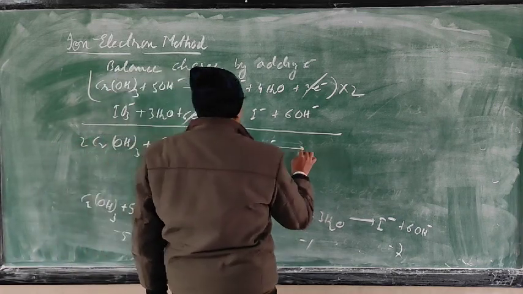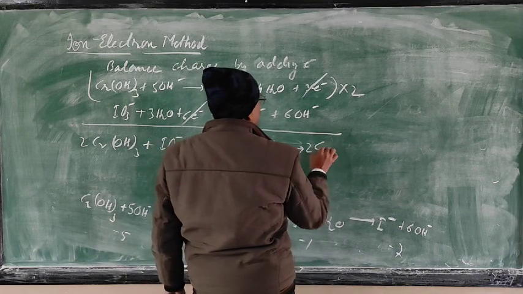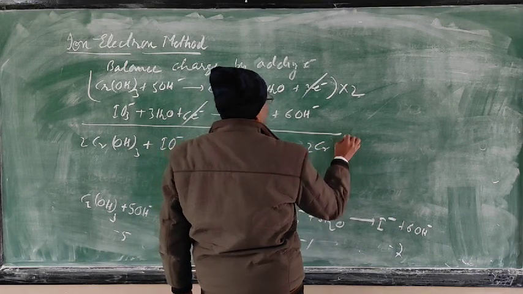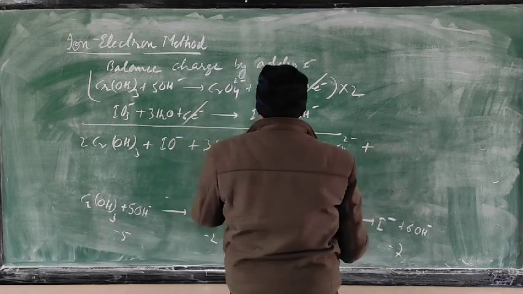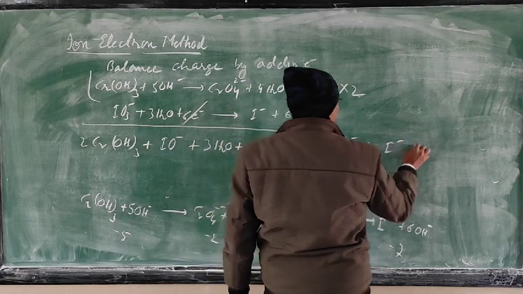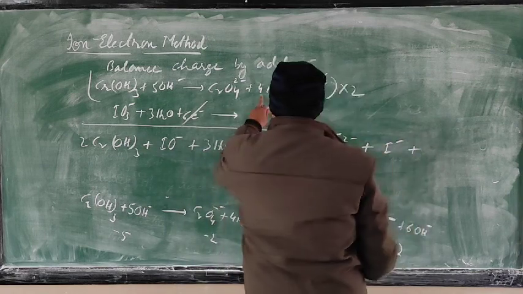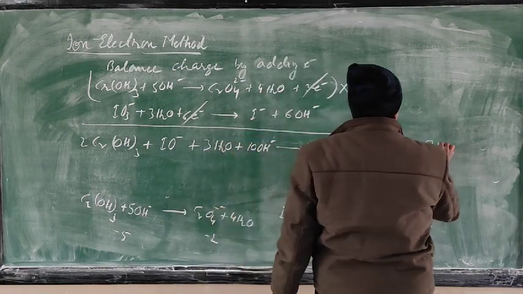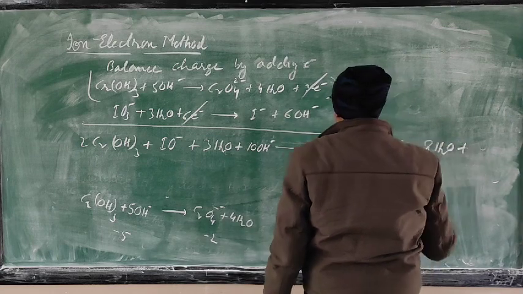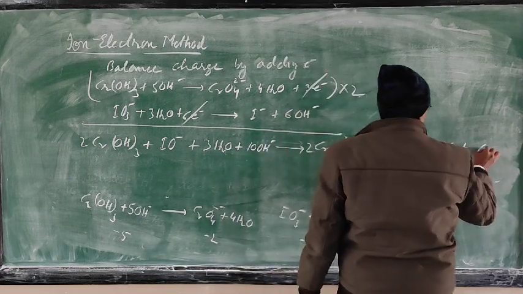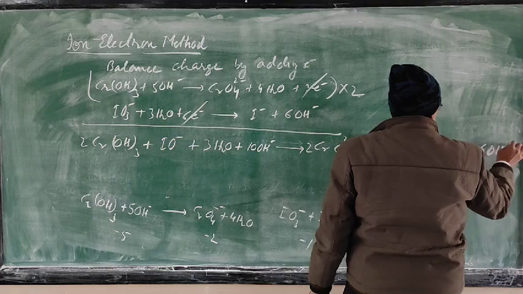That will give 2 CrO4 2 negative, I negative, then 4 to the 8 H2O, and then 6 OH minus.